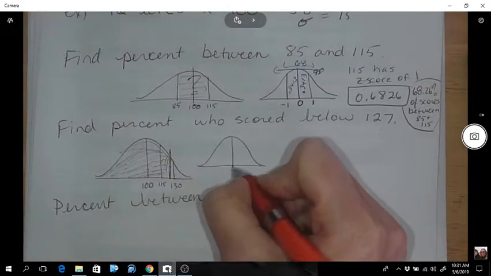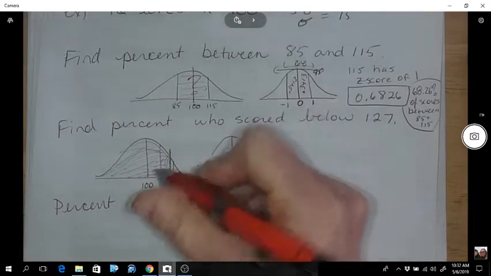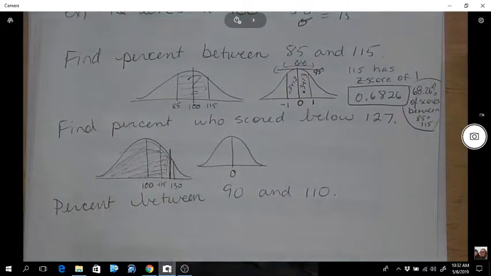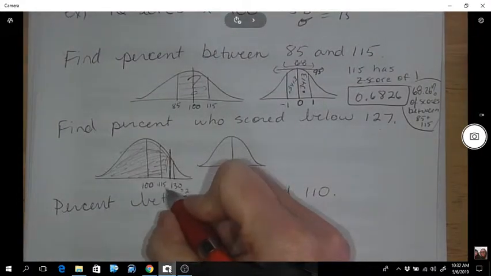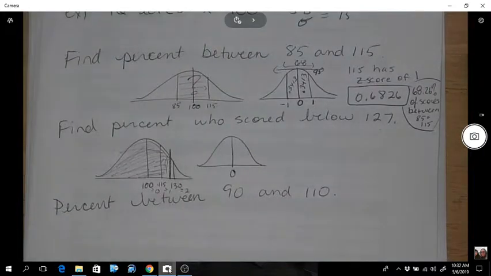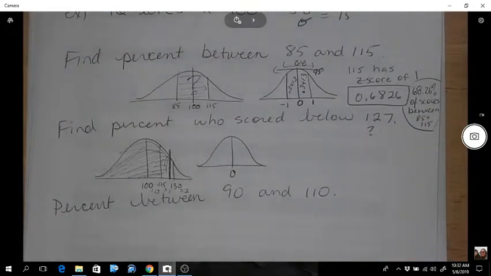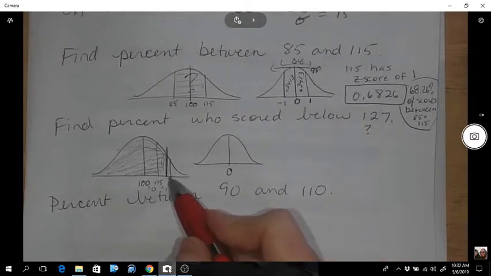So 100 becomes 0, 115 would be 1, 130 would be 2. So what is 127? I know it's going to be like 1 point something, close to 2 because it's just under 130.